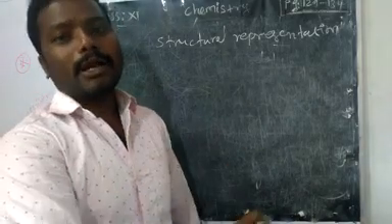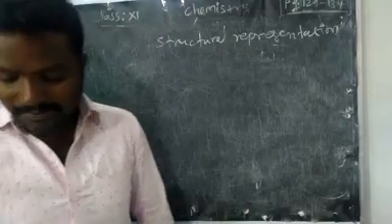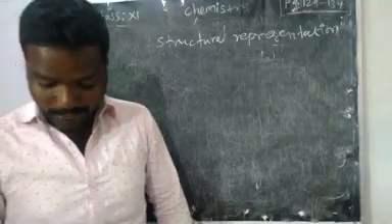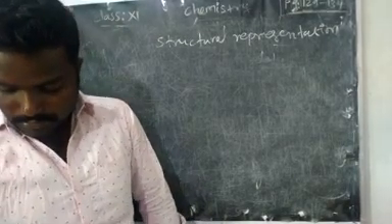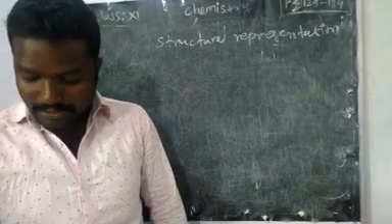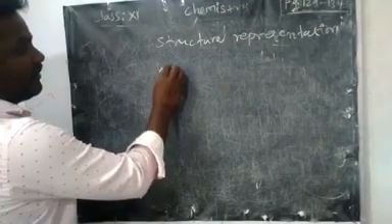It should be the smallest form and easy to understand. Likewise we are going to see some structures. The first one is the Fisher projection formula. Before the Fisher projection formula, we will see the wedge formula.